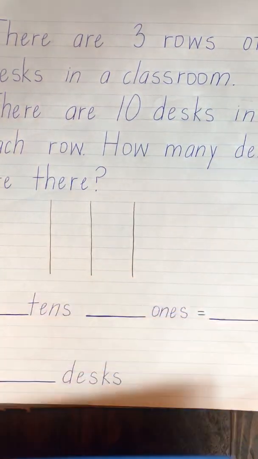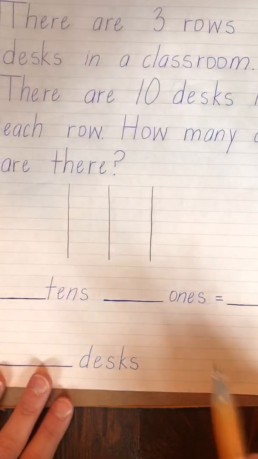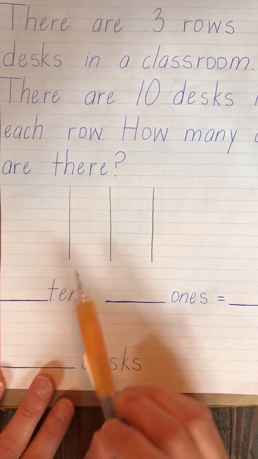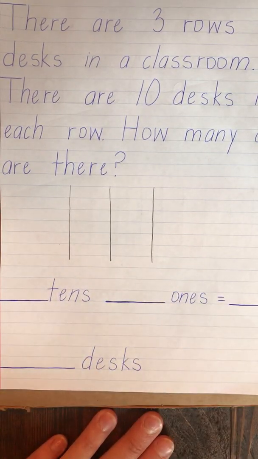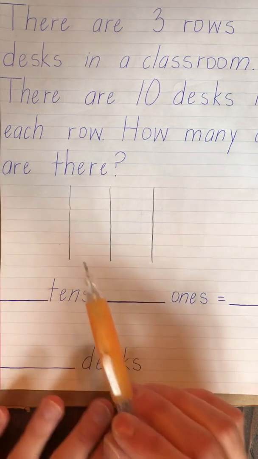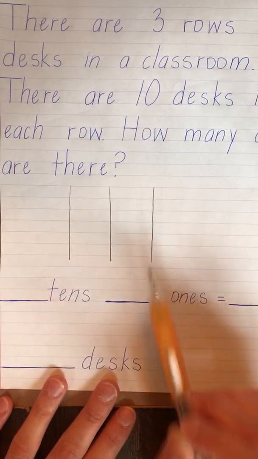Excellent. I am now going to ask you to tell me how many 10s do you have? So go ahead and pause your video so you can tell me how many 10s you have. Great job, friends. You should have 1 ten, 2 10s, 3 10s.